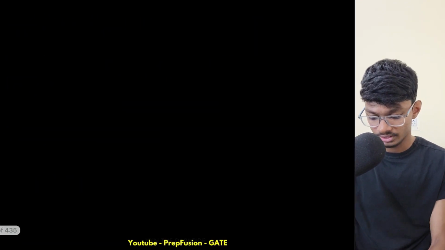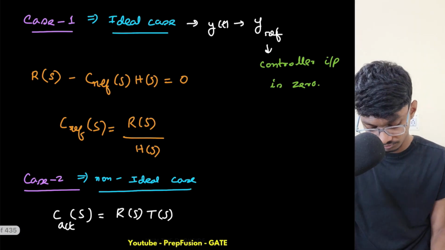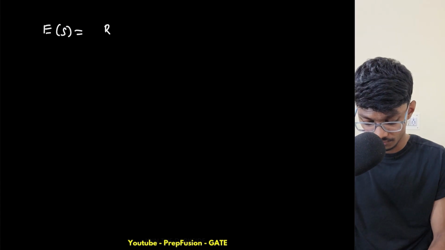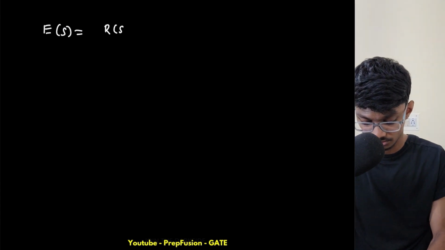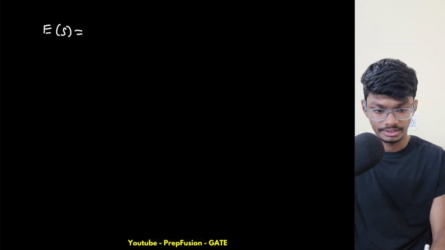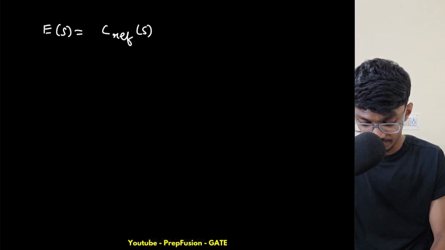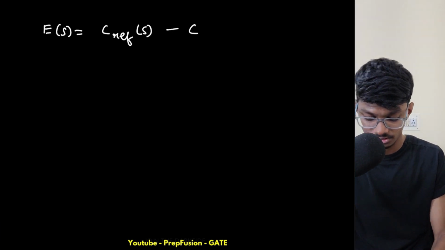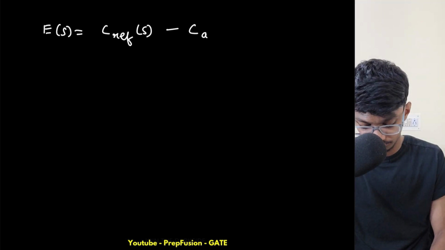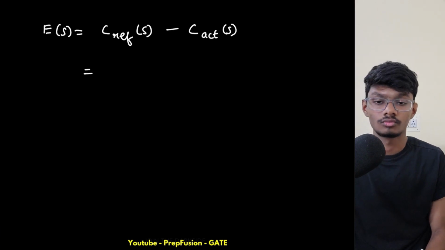So what will I write here? What will be my error signal? First I should write it like this: my error signal will be C reference of S minus C actual of S. So what is my C reference of S?